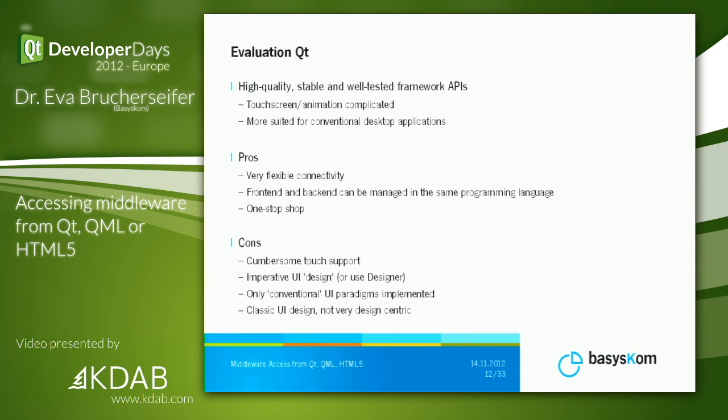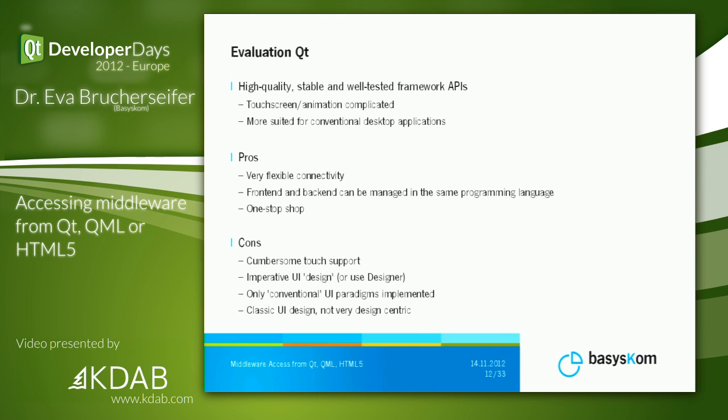For the first one, touch screen interfaces are very complicated to implement with Qt widgets and with the basic functionality Qt gives you. It's more suited for classic applications with a QMainWindow, menu, toolbar, and so on.